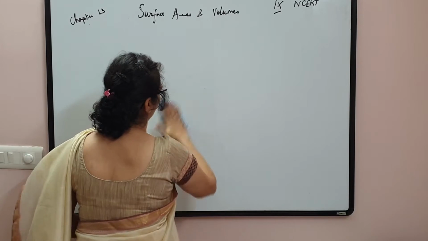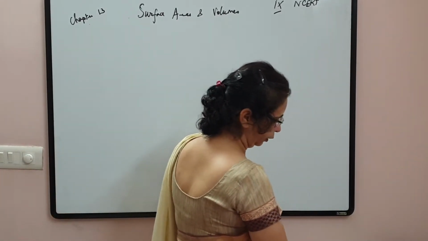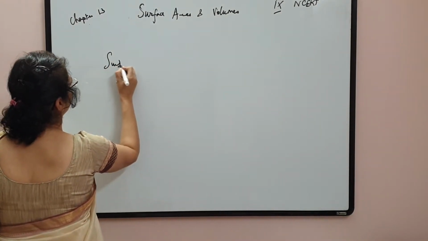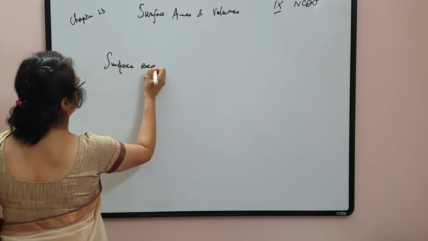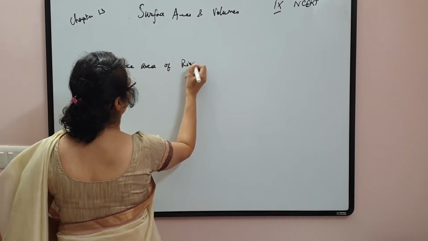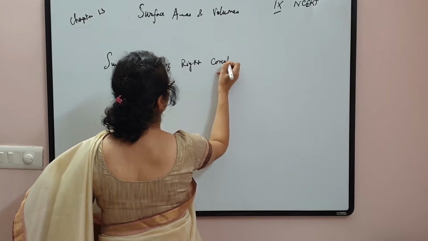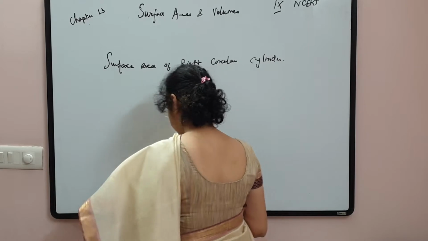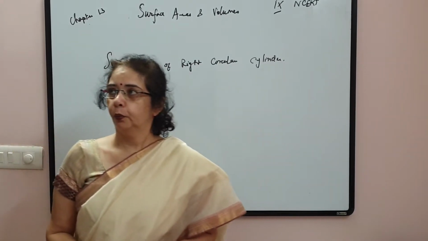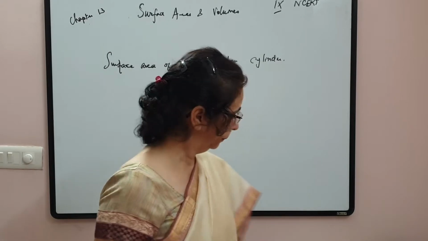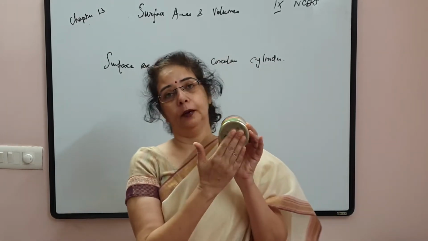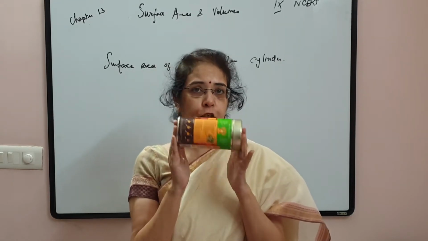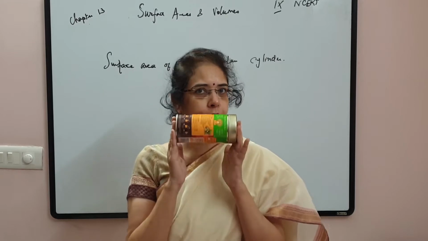Okay. Now children, there are two parts of the surface area of a right circular cylinder. One part is the circular part: there are two circular parts of this right circular cylinder, this one and this one.